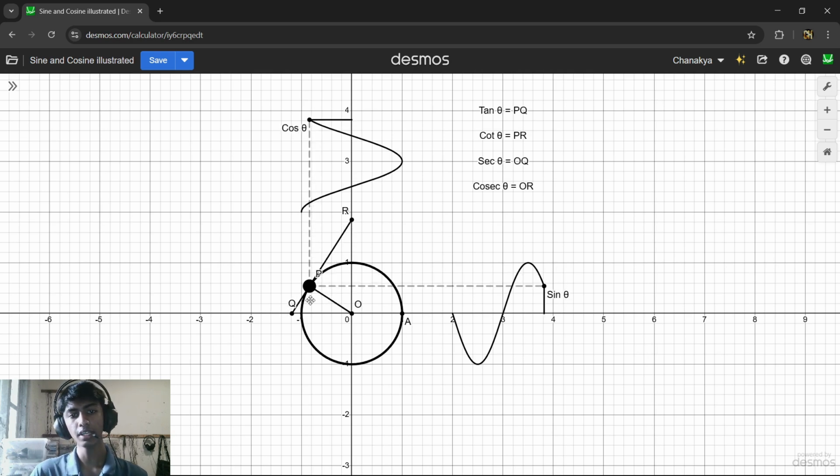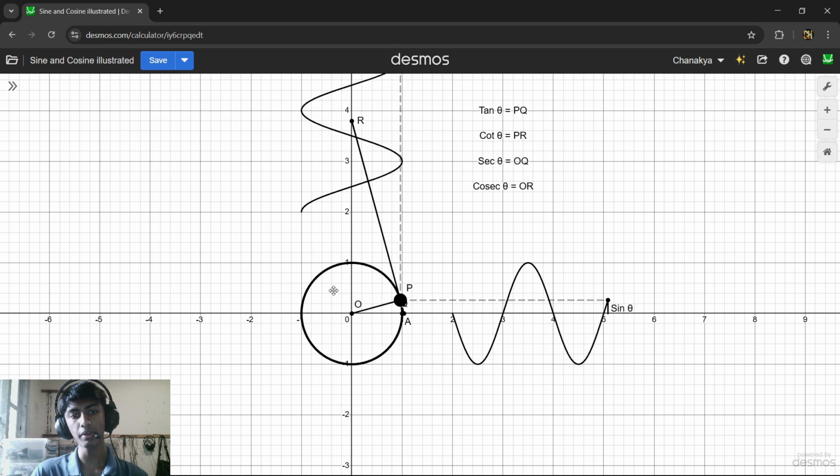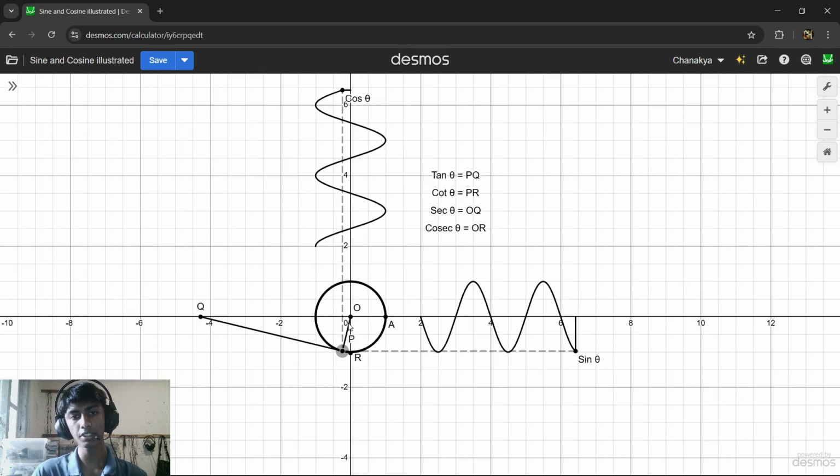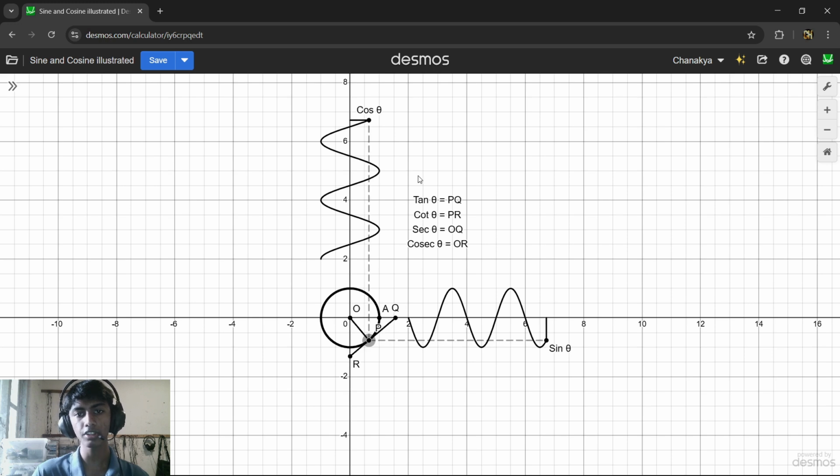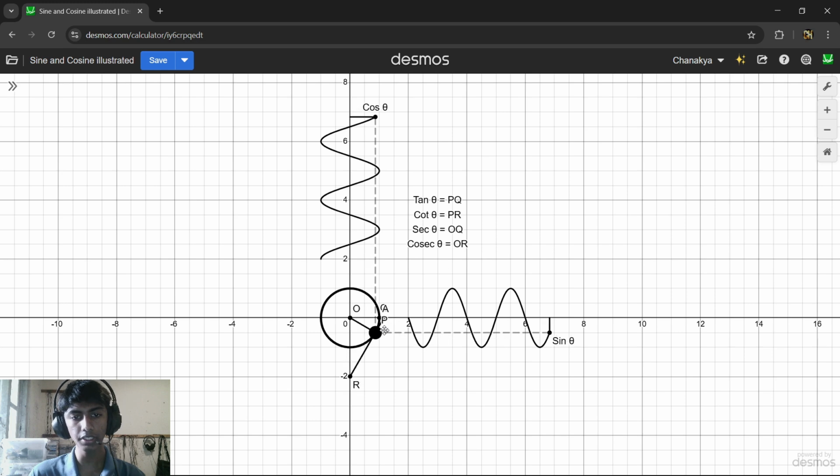So here, if you just spin this around for a little bit, you can see the variation of sine theta and cos theta, and of course the other ones which I have not labeled as graphs specifically but are seen by these points here, PQ, PR, OQ and OR, are changing as the angle theta changes.